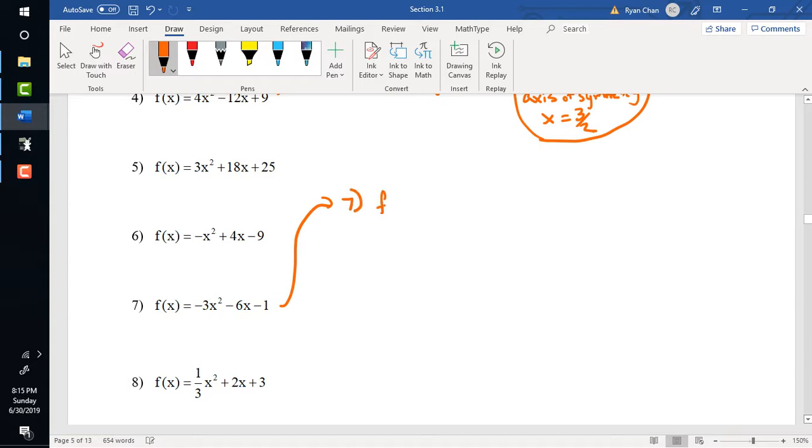So I have f of x is equal to negative 3x squared minus 6x minus 1, okay? I want to do this one just because we have a negative in front. I'm going to group them.